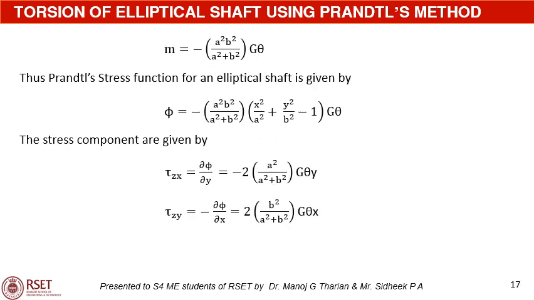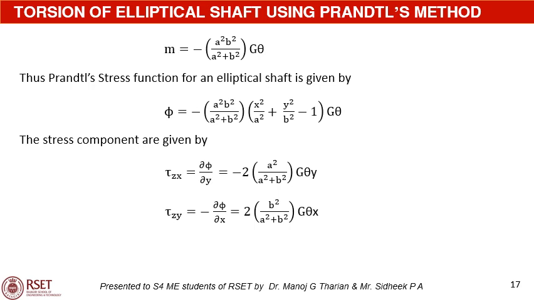From the above expression, we get m = −a²b²/(a² + b²) Gθ. Thus, the Prandtl stress function for the elliptical section becomes phi = −a²b²/(a² + b²) (x²/a² + y²/b² − 1) Gθ.